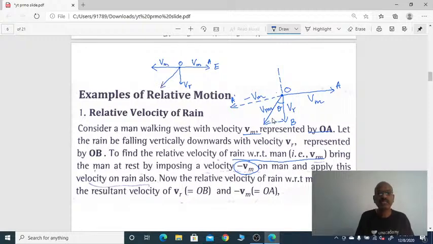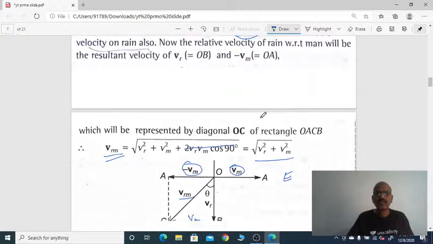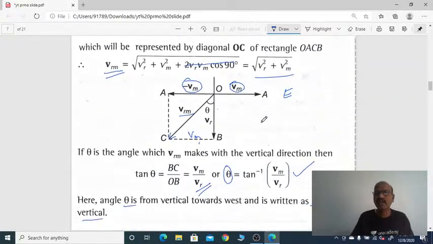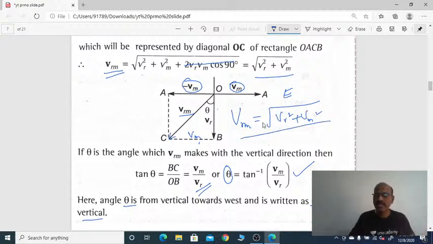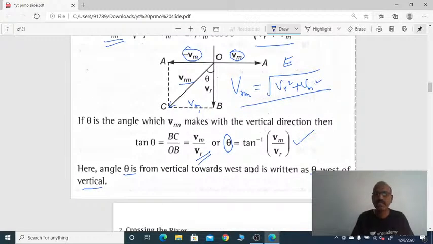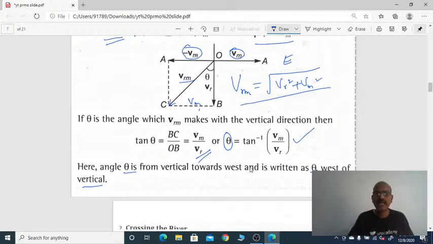The resultant velocity of rain with respect to man is given by this triangle: root of VR square plus Vm square. At what angle does he have to hold his umbrella? Theta equals tan inverse of velocity of man by velocity of rain.